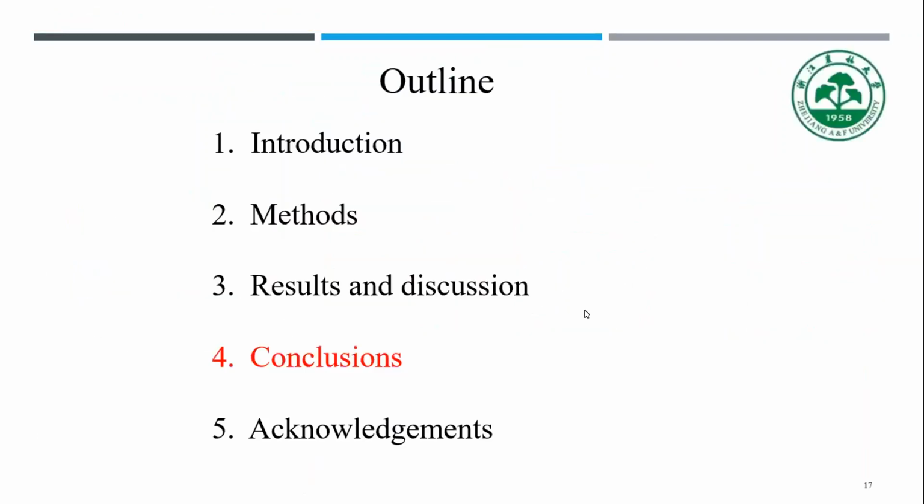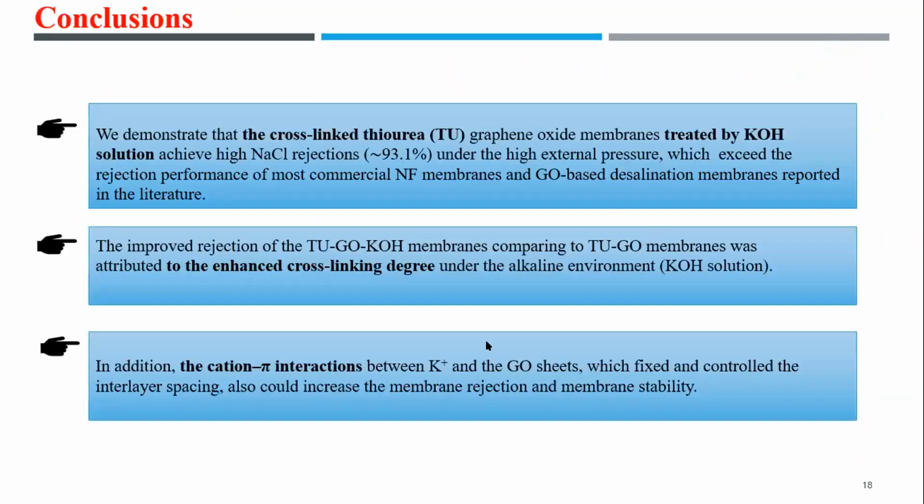From the above discussion, we can draw some conclusions. First, we demonstrated that the cross-linked SiO2-graphene oxide treated by potassium hydroxide solution achieves high sodium chloride rejection under high external pressure, exceeding the rejection performance of most commercial nanofiltration membranes and graphene oxide-based desalination membranes reported in other literature.